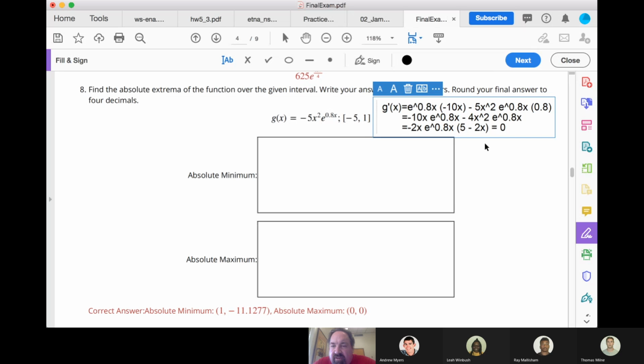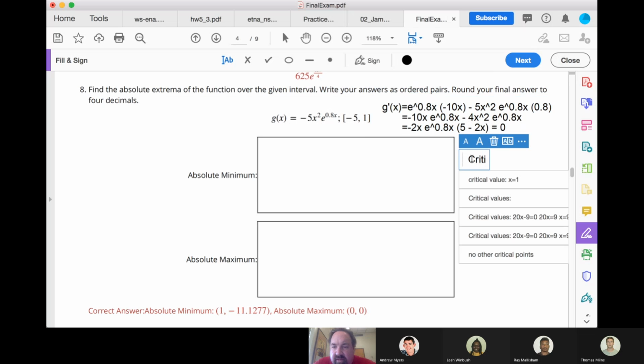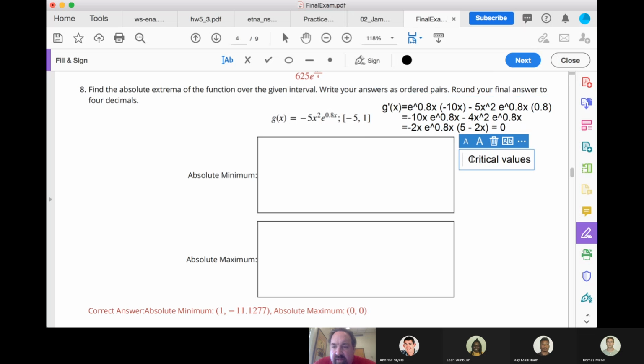And then we see where this is 0. So that would be x equal to 5/2. So the critical values are x equal to 0 and 2.5. Now, your interval is from -5 to 1. So this second critical value of 2.5, we ignore it because it's not within this interval.